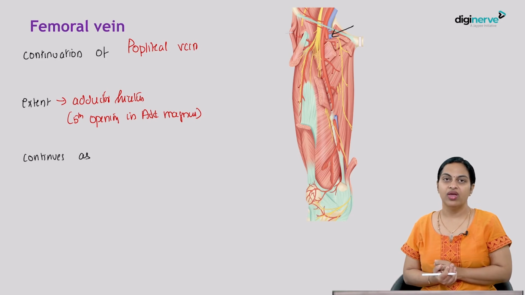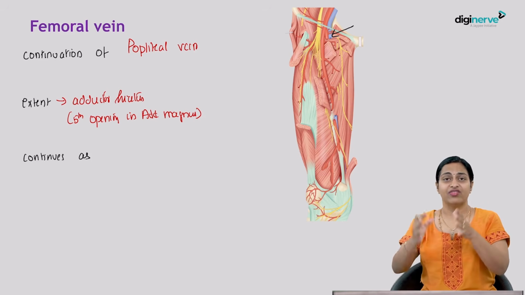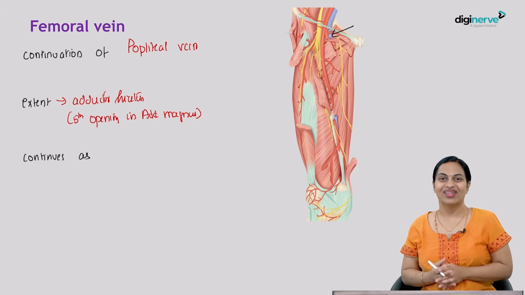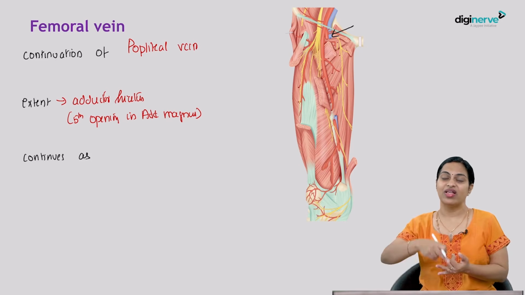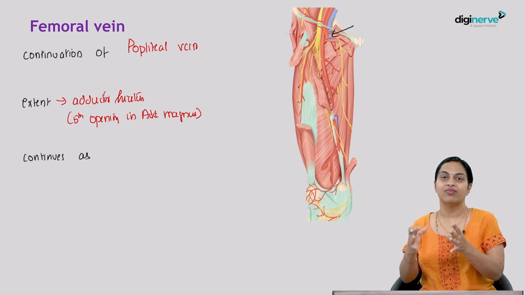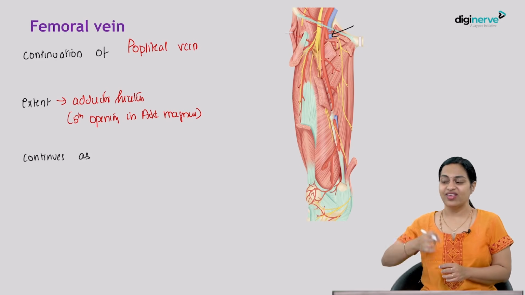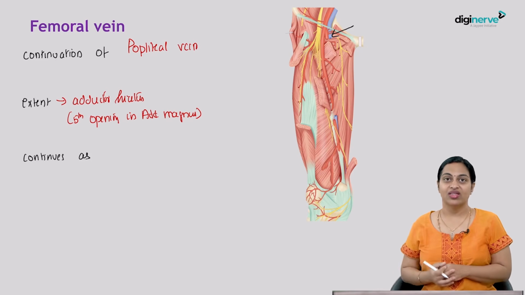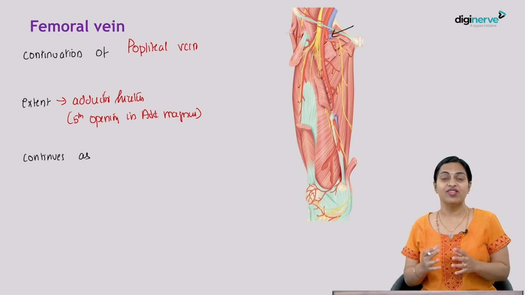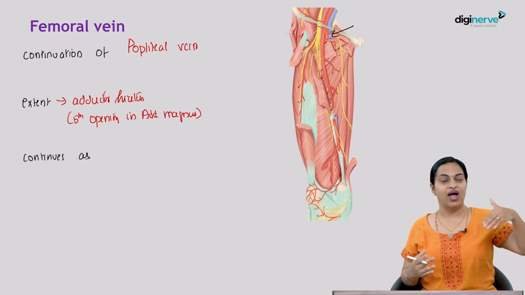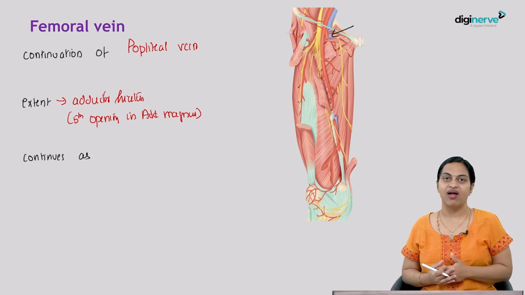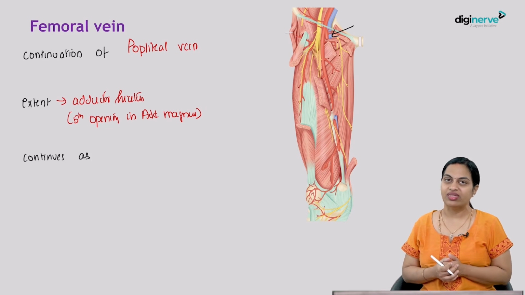In the medial side of the thigh, there's one bulky muscle, the adductor magnus. We have adductor brevis, adductor longus, and adductor magnus. This adductor magnus is the bulkiest of all, and it has 5 openings. The fifth opening is quite huge, through which the femoral artery is going to continue as popliteal artery, and the popliteal vein is going to continue as femoral vein into the thigh.